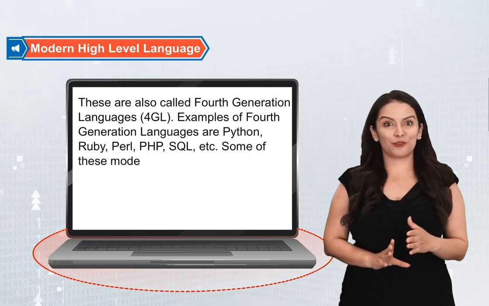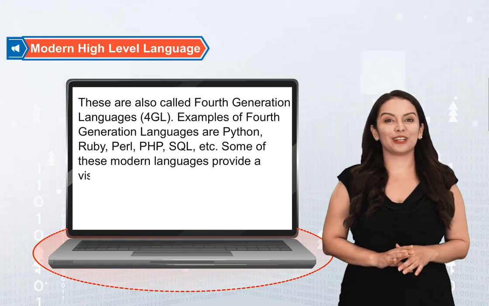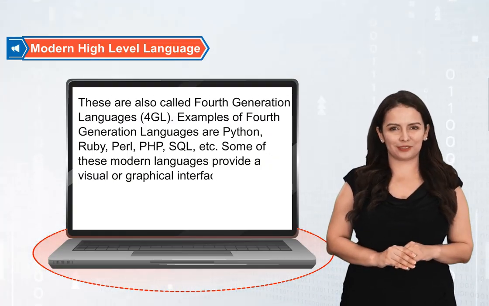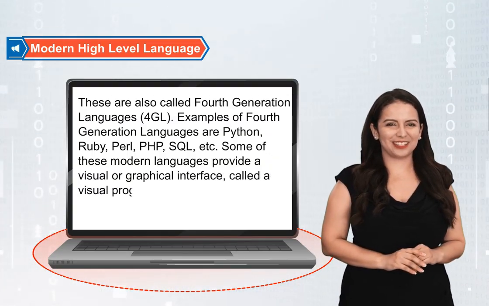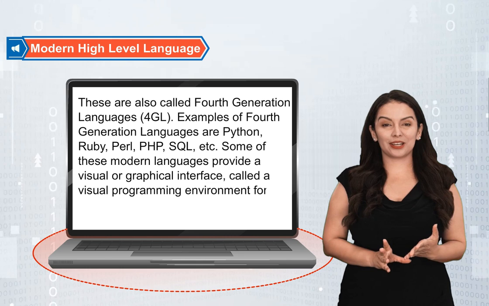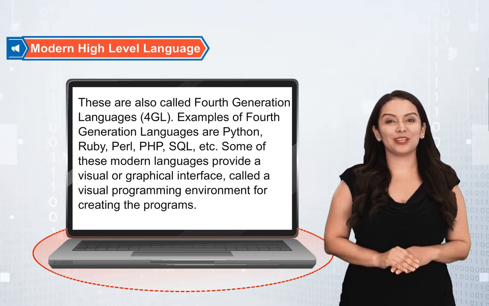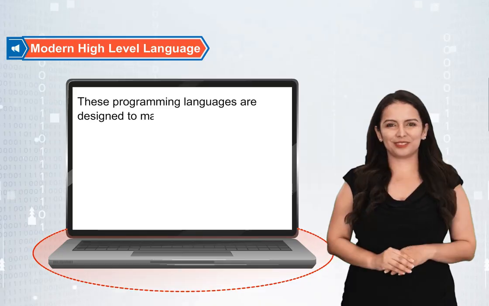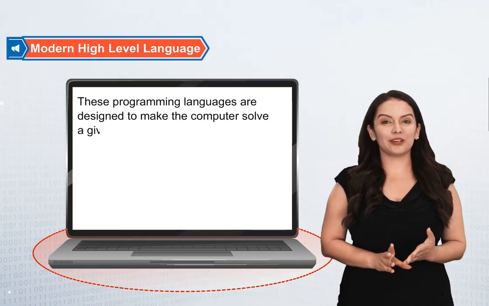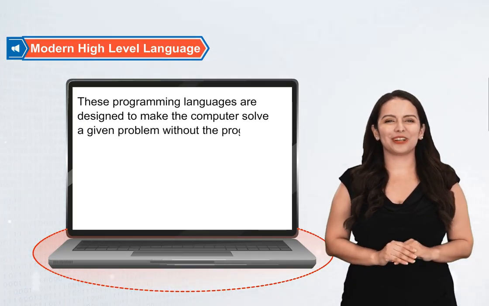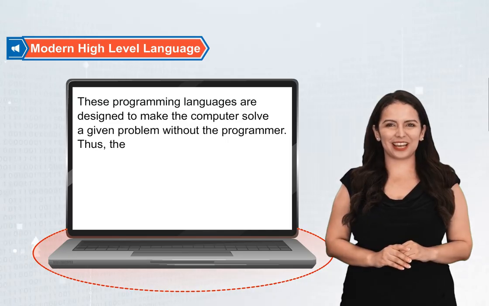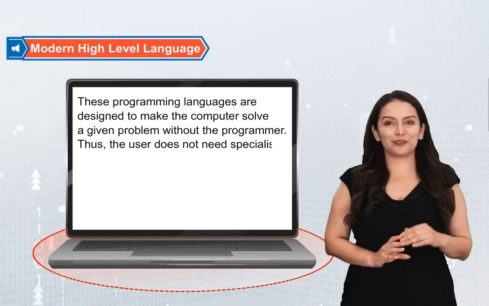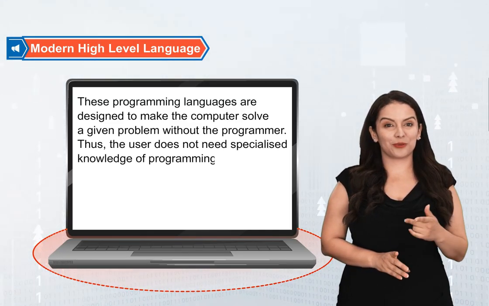Some of these modern languages provide a visual or graphical interface called a visual programming environment for creating programs. These programming languages are designed to make the computer solve a given problem without the programmer. Thus, the user does not need specialized knowledge of programming.